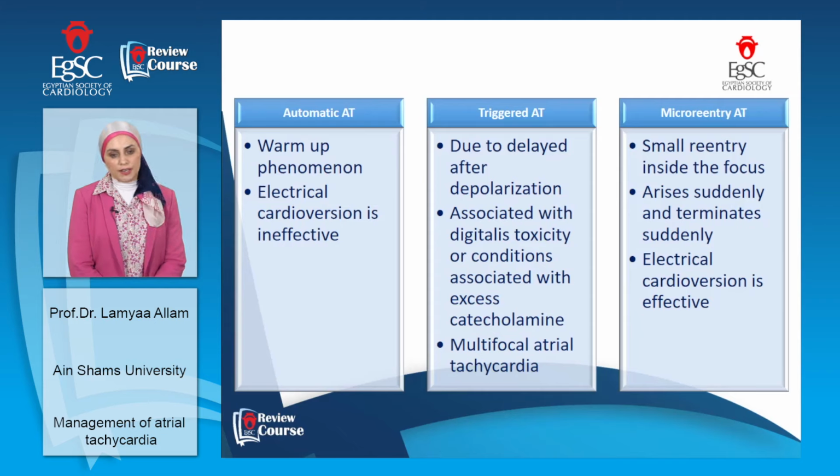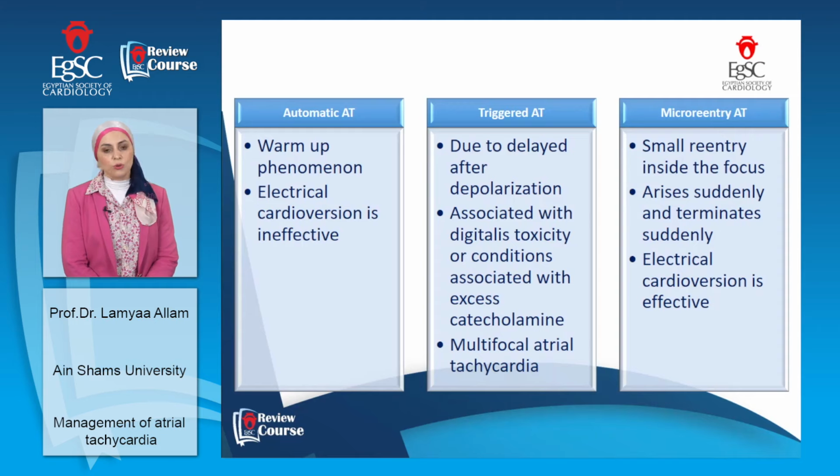And the question here: how to differentiate or know the mechanism of ectopic atrial tachycardia? It is either automatic atrial tachycardia, triggered, or micro reentry. Automatic atrial tachycardia is characterized by an important phenomenon, which is the warm-up phenomenon. What is meant by warm-up phenomenon?